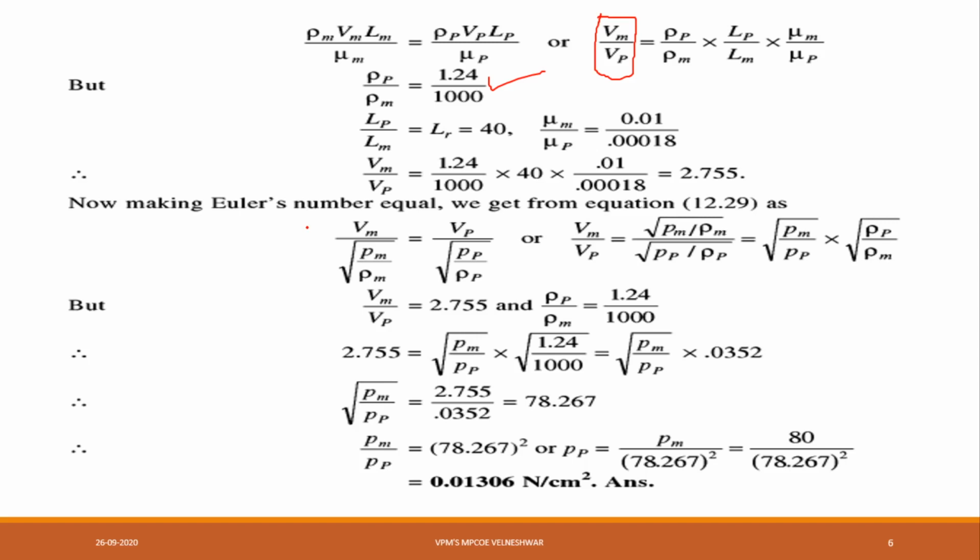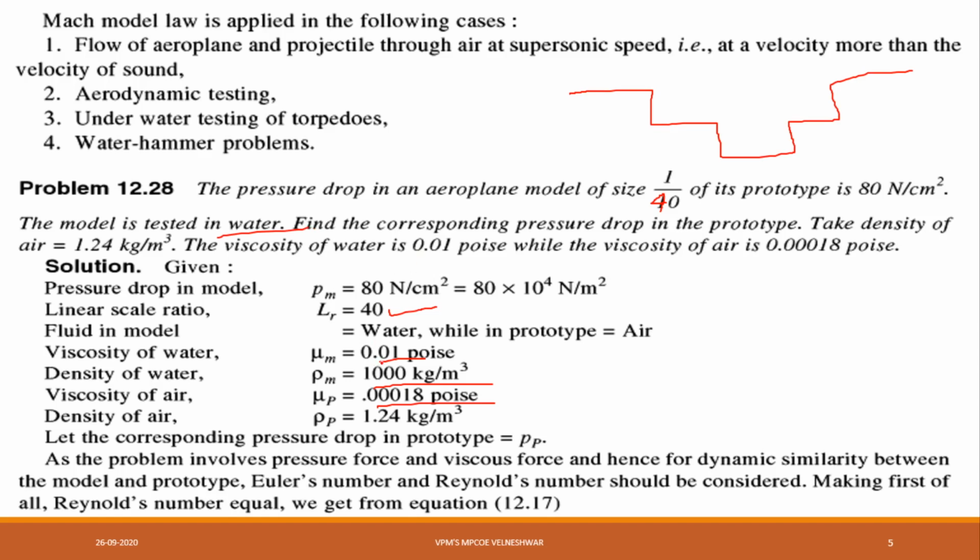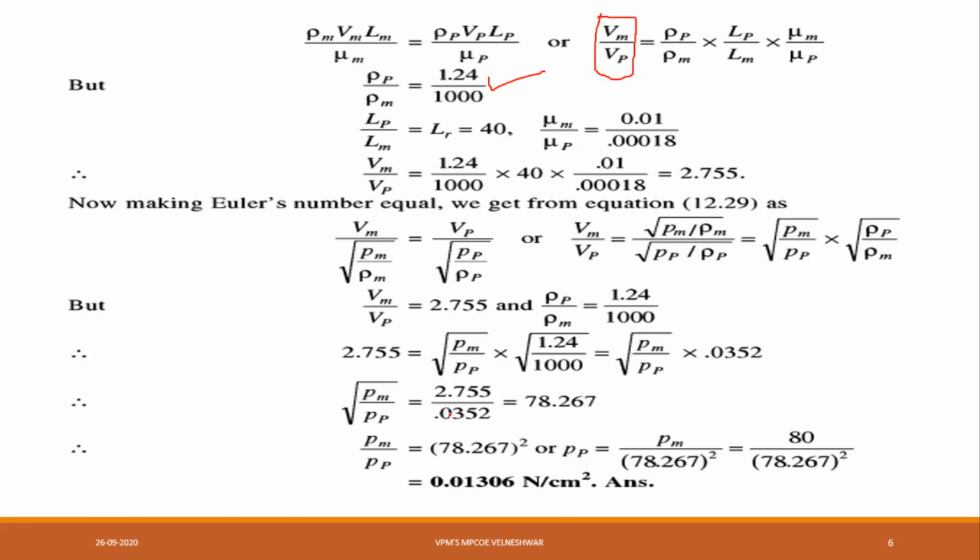Lp by Lm is equal to Lr, that is 40, the scale ratio given. mu m is 0.01 poise and mu p is 0.00018. So Vm by Vp is 1.24 by 1000 into 40 into 0.01 divided by 0.00018. By calculating, I get the value of Vm by Vp as 2.755. We don't know the model and prototype velocities individually, only the ratio.